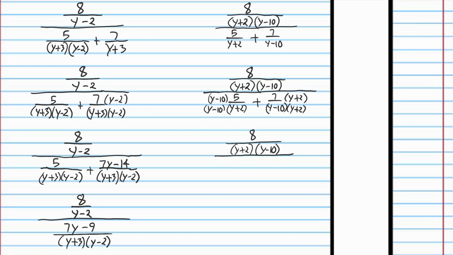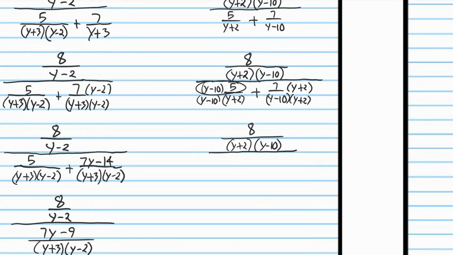All right, so multiplying straight across, 5 times y minus 10 is 5y minus 50. And 7 times y plus 2 is 7y plus 14.